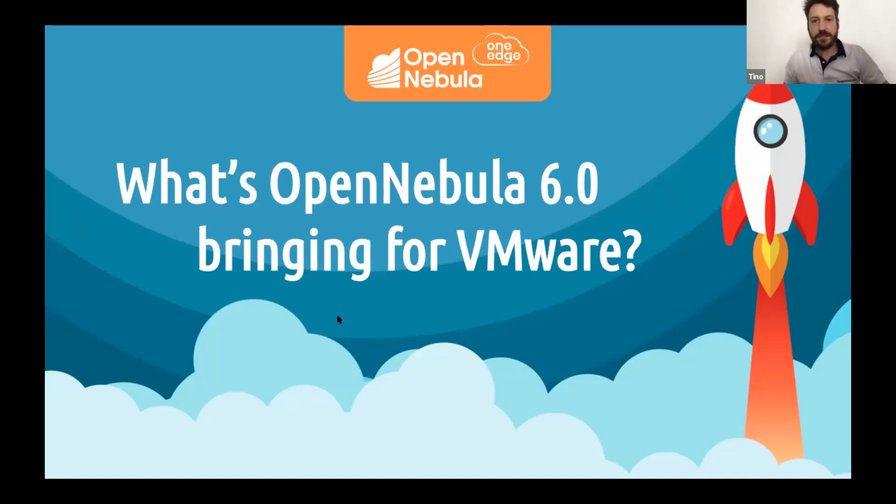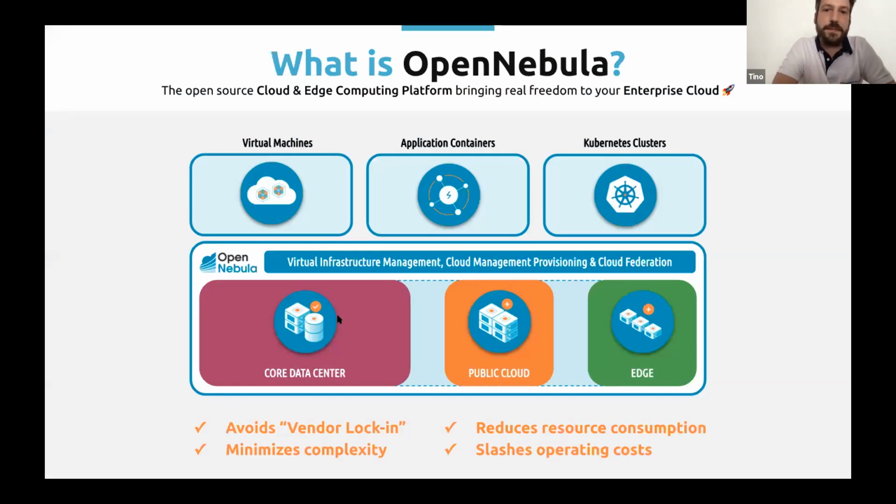So let's start with, for the newcomers, what's OpenNebula? OpenNebula is an open source project that implements a cloud management platform. So it's a piece of software that you can use to turn machines in your data center into a multi-tenant cloud, in which you can deploy different types of workloads.